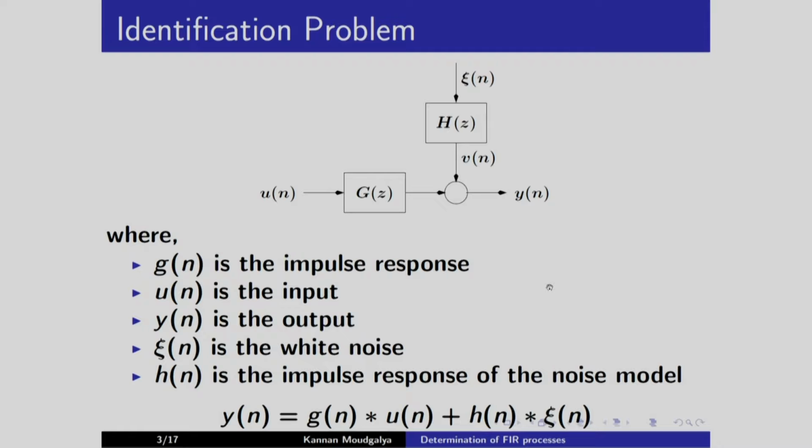Recall that we are talking about having all the signals Un, Vn, Cn, Yn as different from the plant model G and the noise model H. The identification problem is the determination of model parameters, namely G and H, given that you have U and Y.